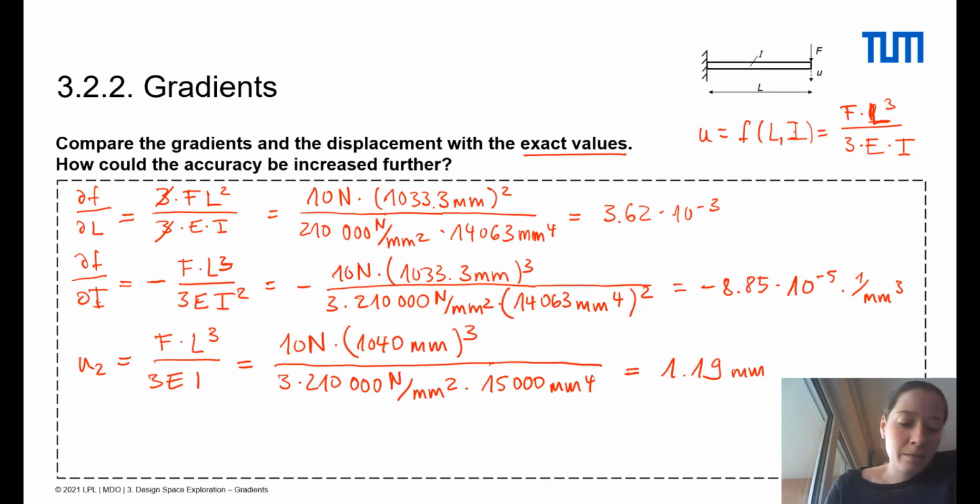For the last task, how could the accuracy be increased further? So the accuracy is mainly how can we compute the gradient more exactly or approximate it, and the easiest thing to do is just use a smaller step size.